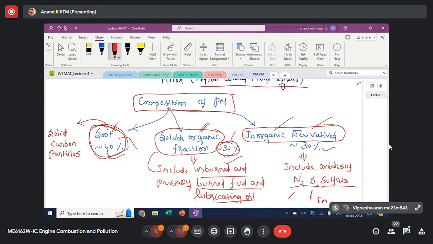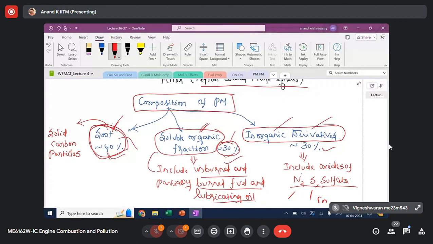Any liquid phase particles are carried away by the soot. Since soot has a surface, these liquid particles settle down on the surface, and that is how they are carried out in the exhaust. So if you have to control particulate matter, the primary control mechanism you need to devise is to target the soot. You should avoid forming soot. If you eliminate soot, you can eliminate SOF and inorganic derivatives.